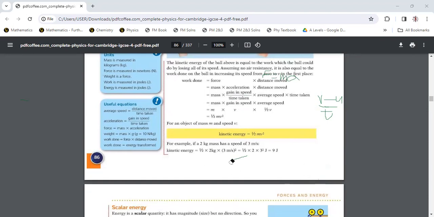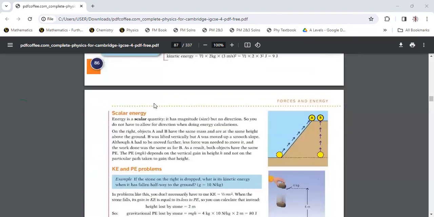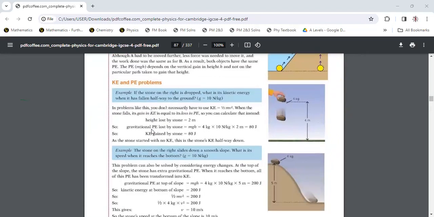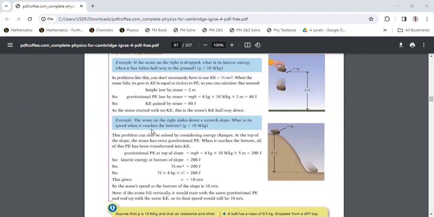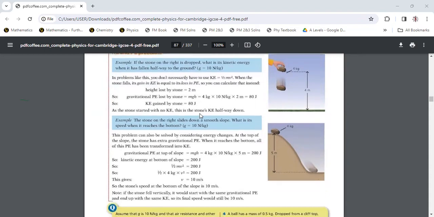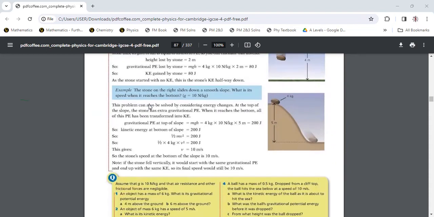So let's try a question on half mv squared. Do be careful when they ask about doubling the speed, because 2 squared becomes 4. For these questions, just assume that kinetic energy and potential energy are the only types of energy acting on this stone. You do not need to concern yourself with other types of energy unless the question states so, like friction or thermal energy. Let's take a more interesting example here.